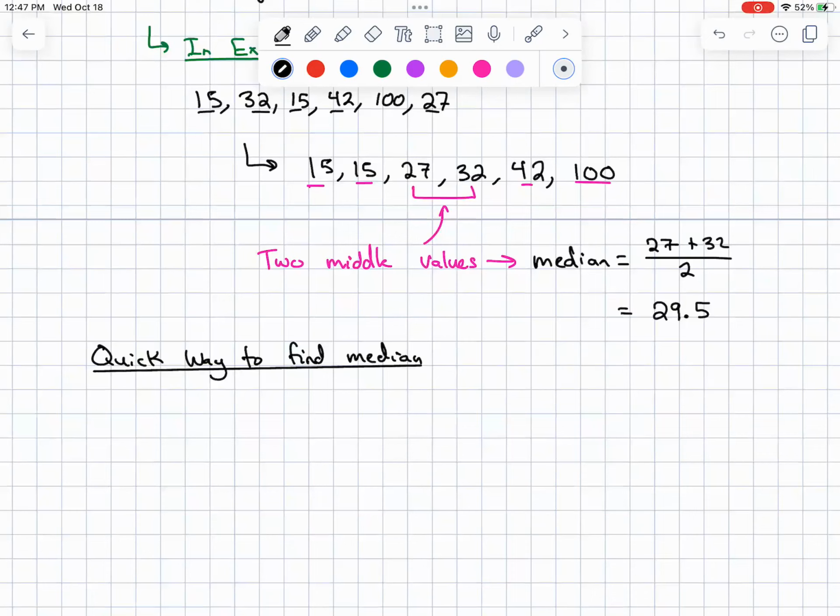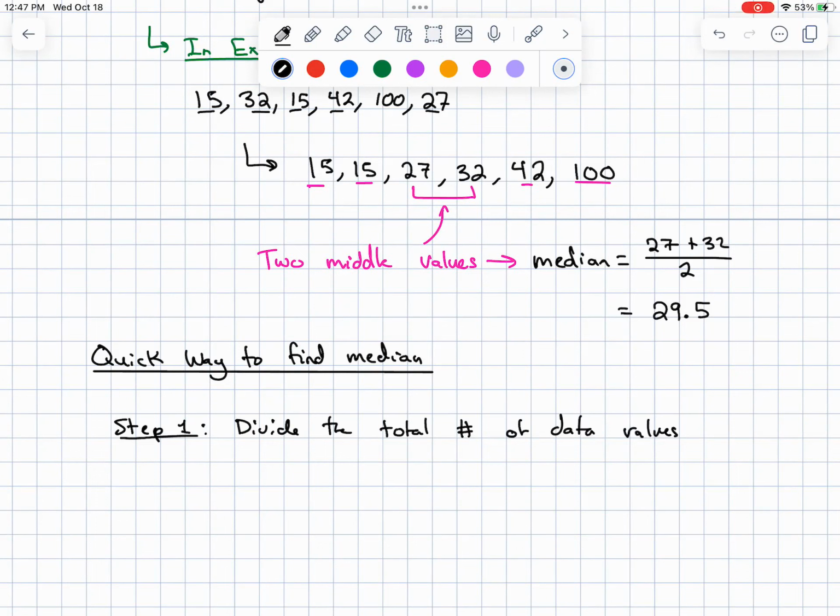I've been thinking about how to write this for a long time, and I haven't found a nice way to do it. So step 1, divide the total number of data values by 2.